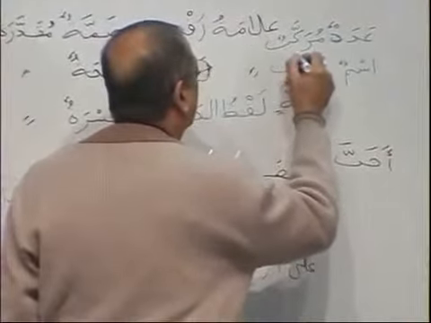Fine, it's a maf'ul. Give me the verb now. Say properly. Rakkaba. Sister Mehnaz, rakkaba, yurakkibu, and then murakkib and murakkab. Got the idea? MashaAllah. Form 2, bab taf'il. Make a mastar. You will laugh. Tarkib. You know that word.